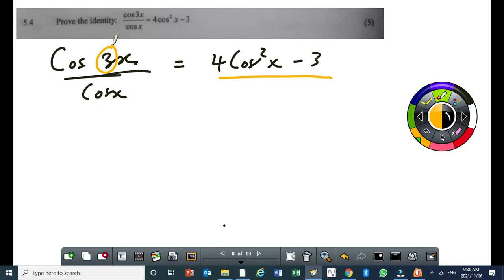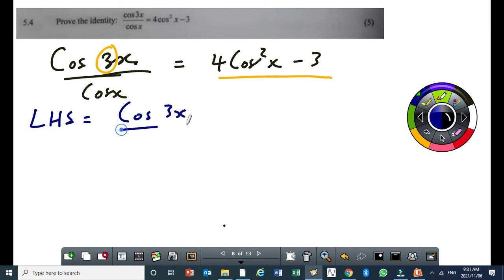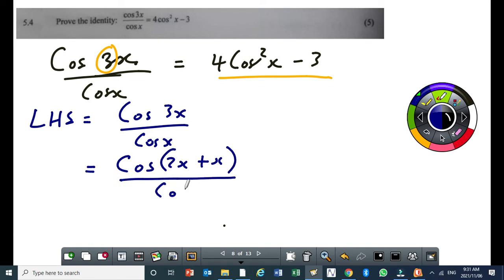So, first thing you're supposed to say, left-hand side is equal to cos 3x over cos x. Right? We break up that 3x, and then you get cos of 2x plus x, all over cos x.